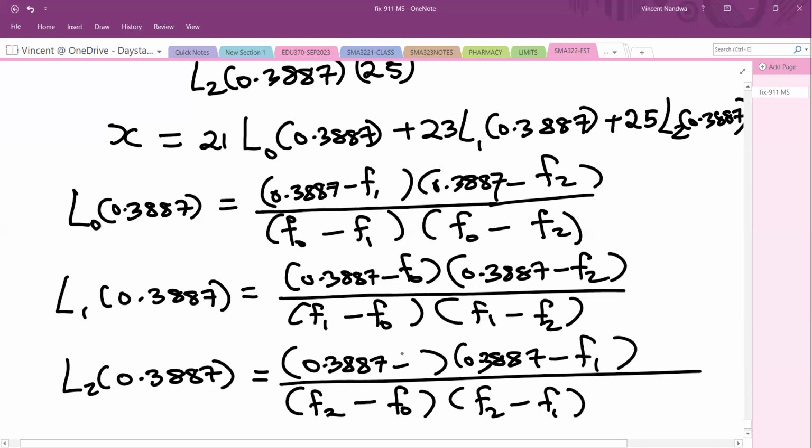So you already have the values of f naught, f1, and f2 in the table. So when you replace and you get your L naught, L1, and L2, you will be able now to get the value of x using this line here.